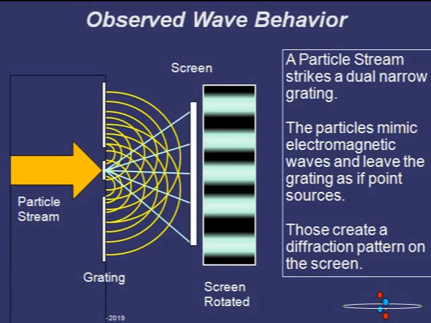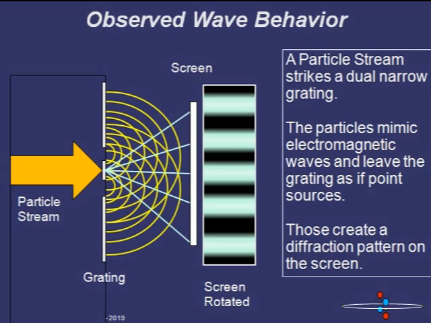Now what is seen here is the observed experiment that led to the discussion of particles behaving as waves. This is the infamous double slit experiment. In this case, we sent a stream of particles, either protons or electrons, and we hit them with a double slit grating.